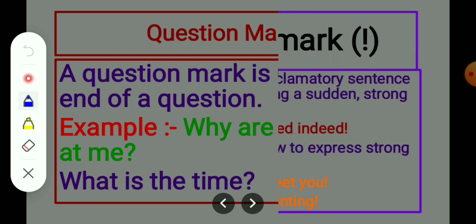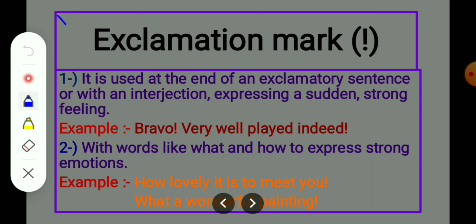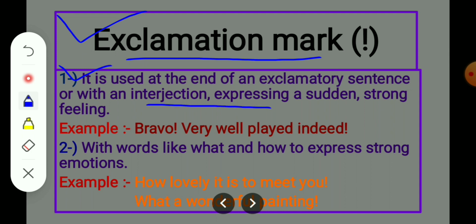Next punctuation mark is exclamation. Here you can see, which is called Vismayadi Bodhak Chin in Hindi. So what is the use of exclamation mark? Let's see. It is used at the end of an exclamatory sentence. So you all know that exclamatory is a type of sentence where we use our sudden and strong feelings.